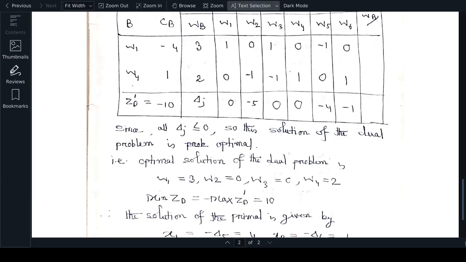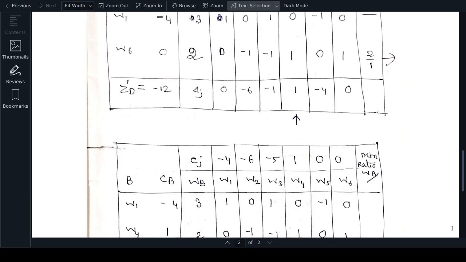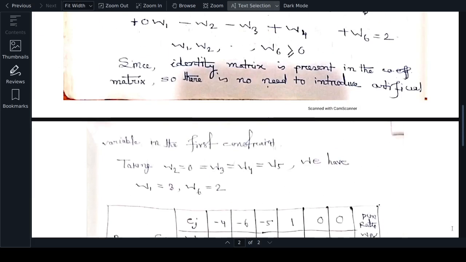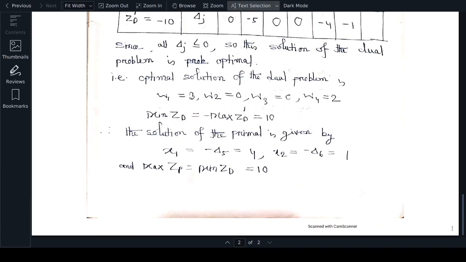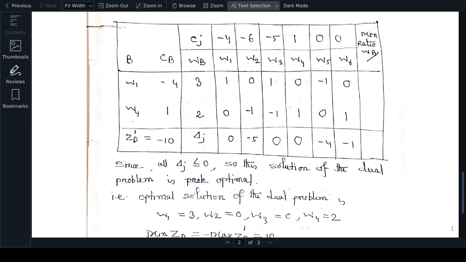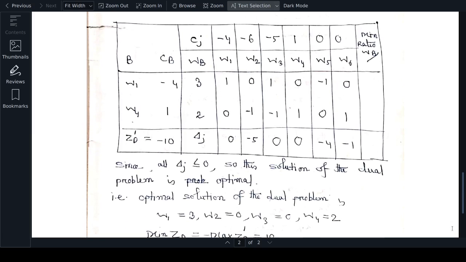Then how to write its primal solution? For the primal solution we look at delta J for the surplus variable and slack variable. W5 is our surplus variable and W6 is the slack variable.